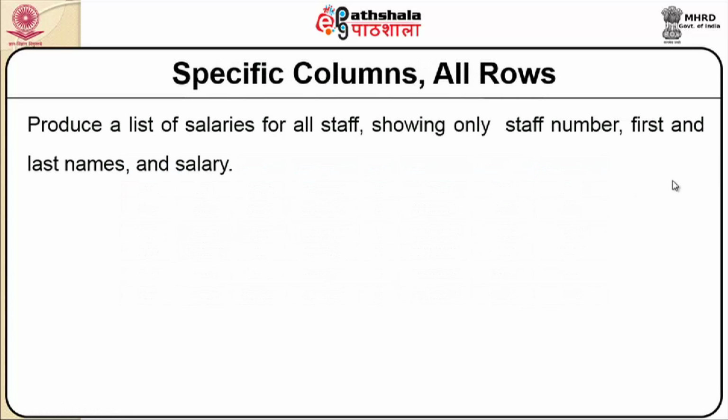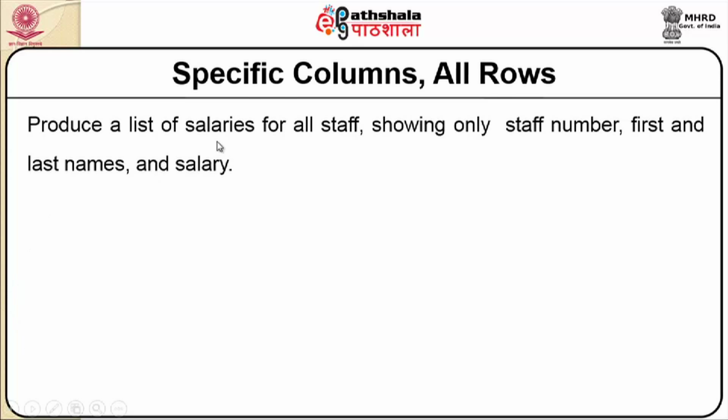To understand specific columns and all rows, we have to go for an alternate case. Here we will not be able to give a star directly, because the star would list out all the columns and all the rows, whereas there should be an alternate mechanism by which we can retrieve specific columns but all rows of those columns.